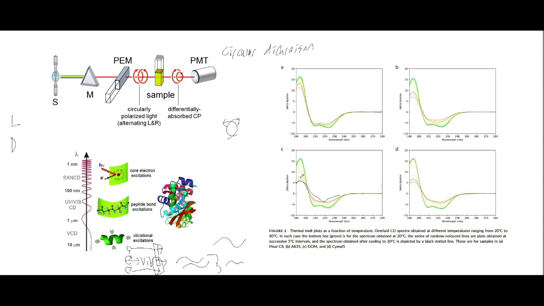Whereas as you start getting rid of the structure by increasing the temperature, causing denaturation, we will not get as much of the differential in the circularly polarized light. So we don't get as much of this differentiation. It would look more like our incoming light.